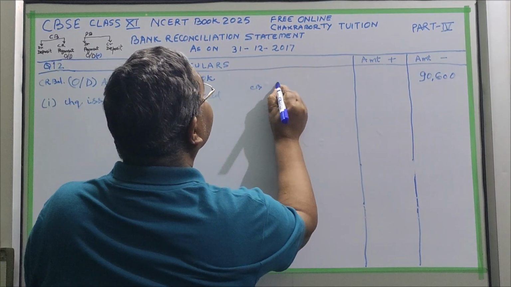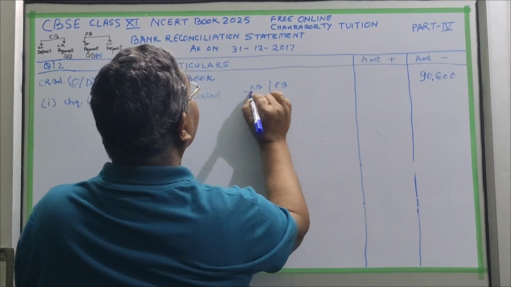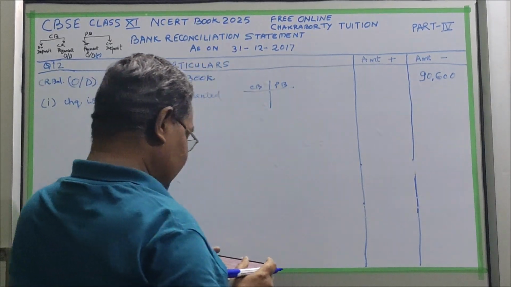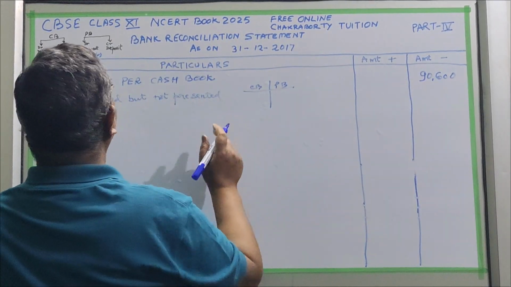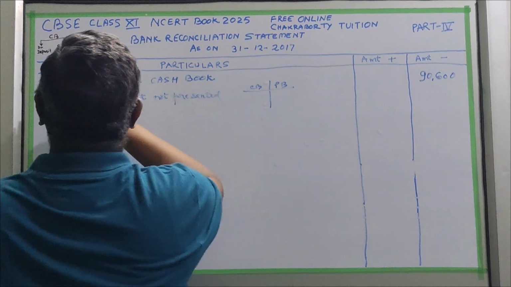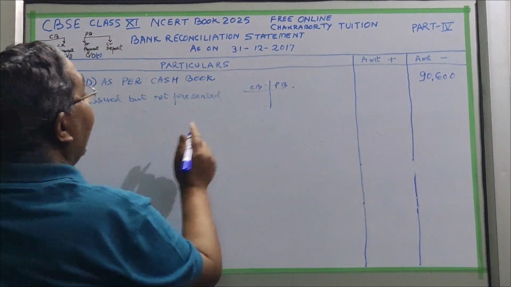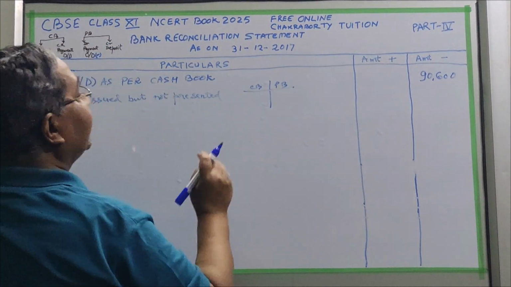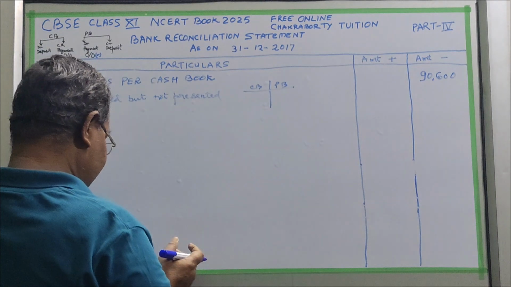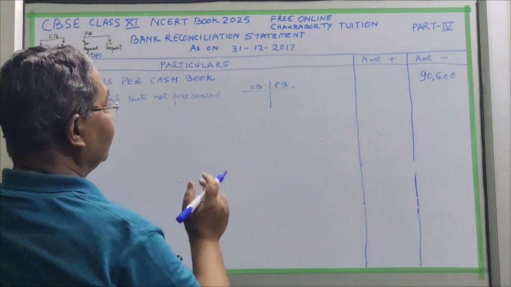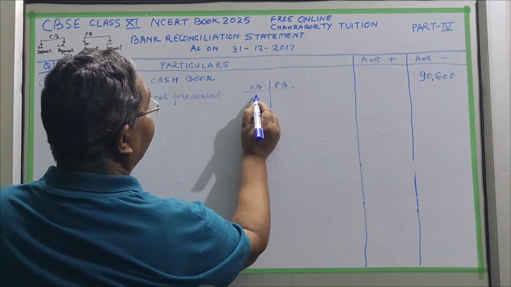Cash book and passbook. What is the position? Check issued for 11,000. It means when the check is issued, the business will make a payment entry and the businessman will increase the overdraft.